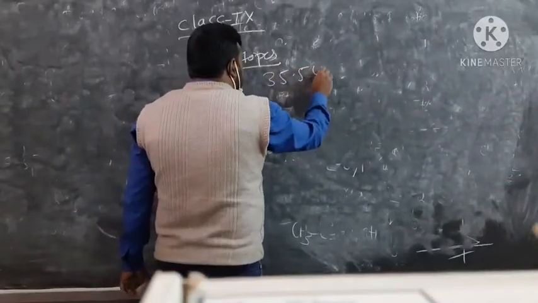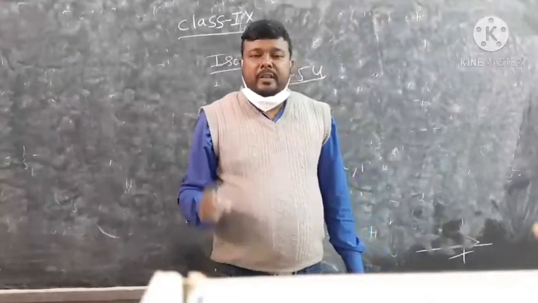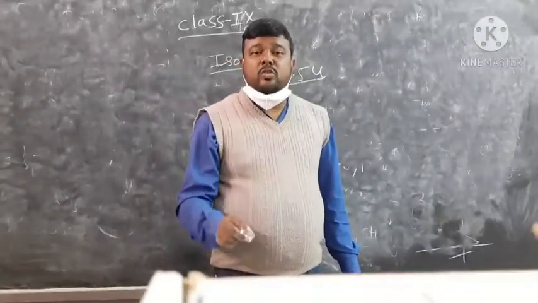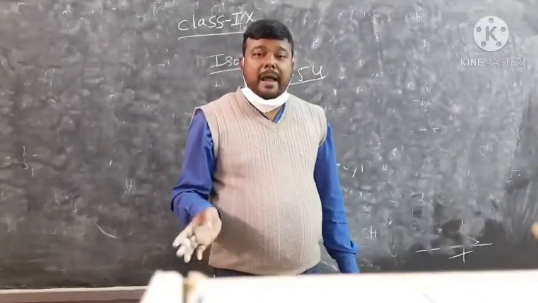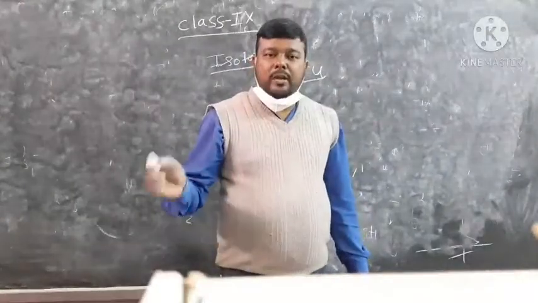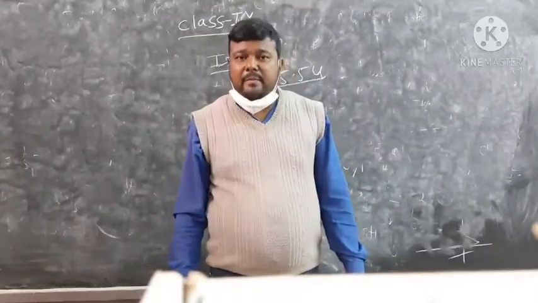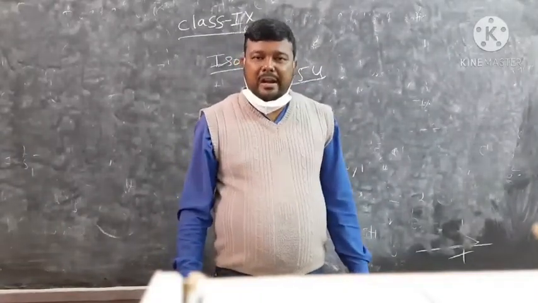Why does chlorine have the atomic mass 35.5? The reason is that chlorine exists in two isotopic forms, and their percentage of abundance is also different. From that we calculate the average atomic mass, and so the mass comes out as a fractional atomic mass.